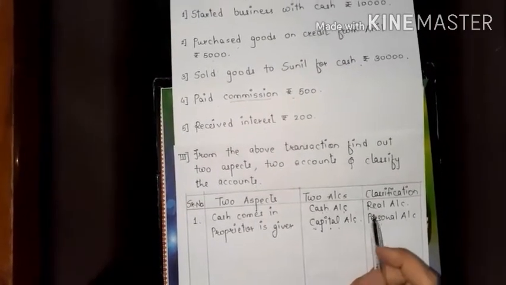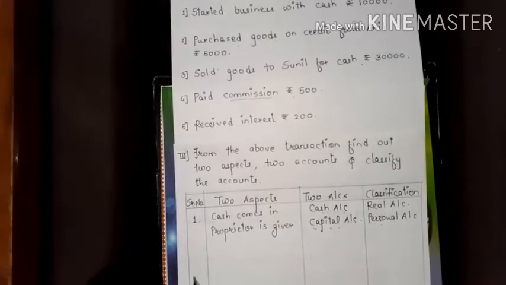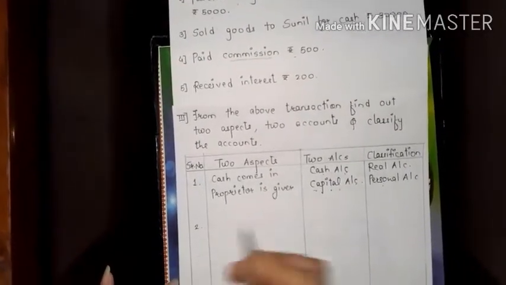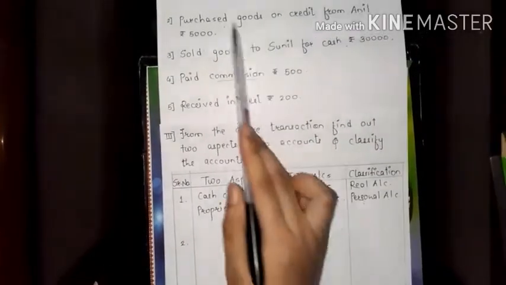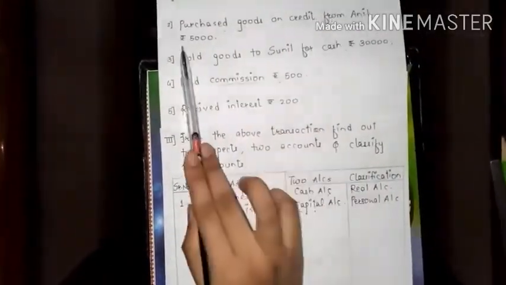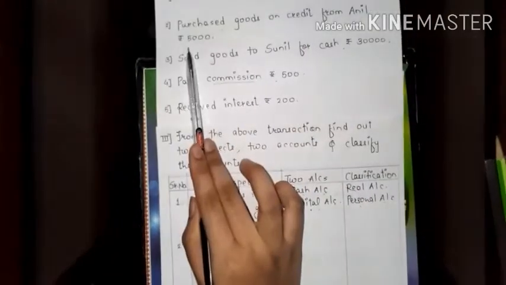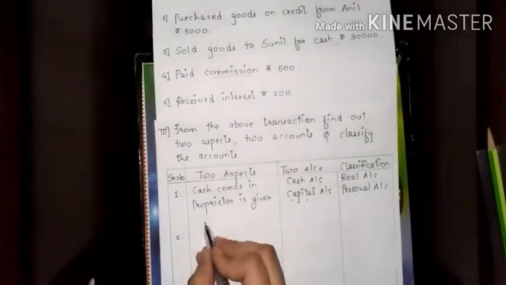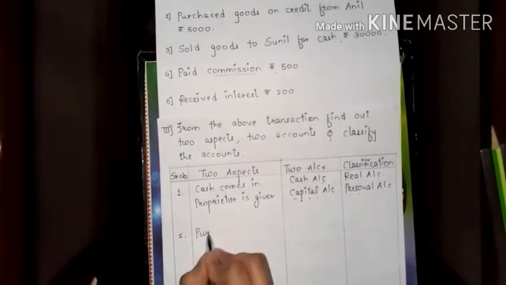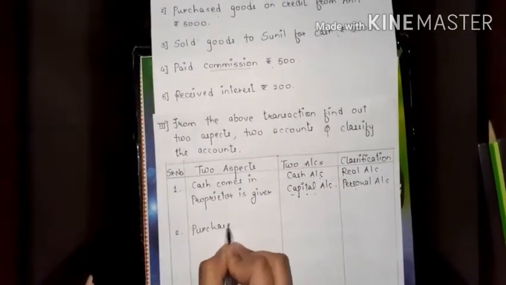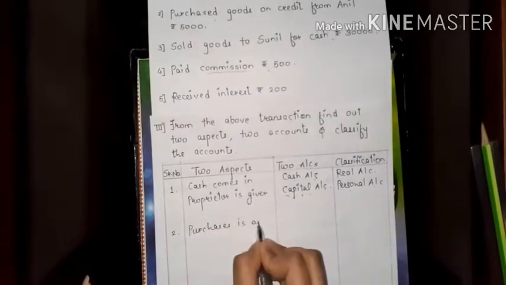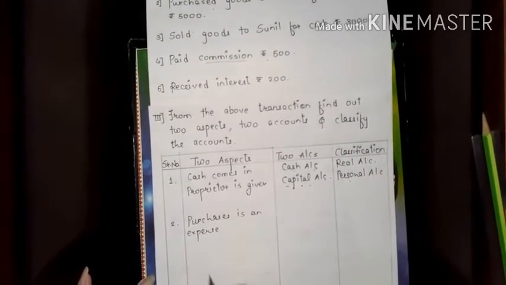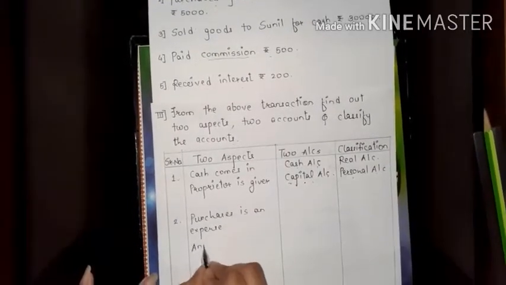I hope you understood this transaction. What are the classification of this accounts? So let's take the second transaction. Purchased goods on credit from Anil, rupees 5,000. So we already know that two aspects. Purchases is an expense, and Anil is giver.